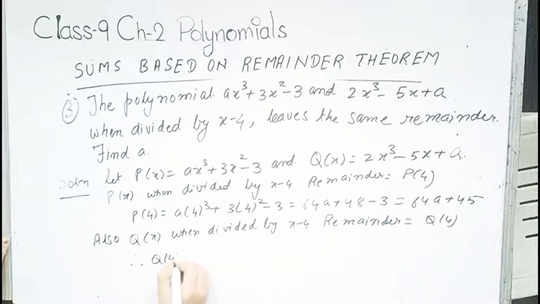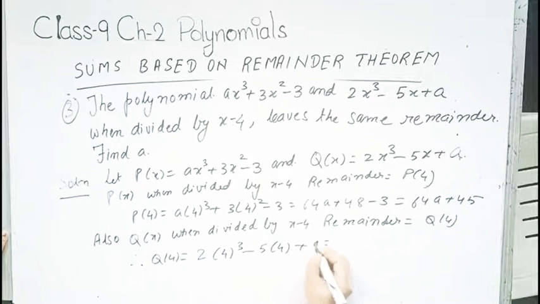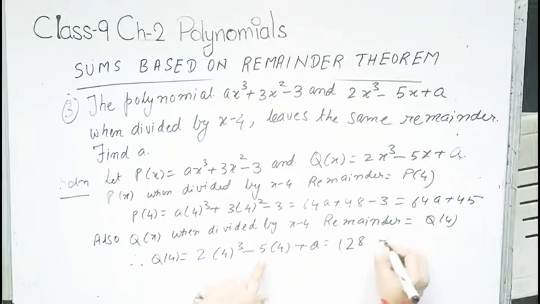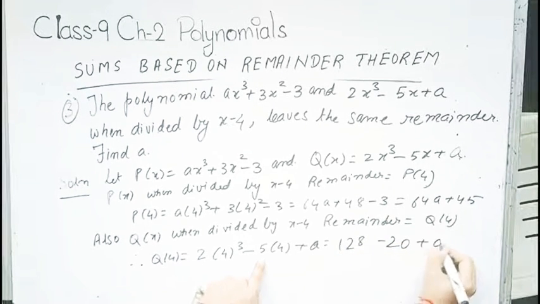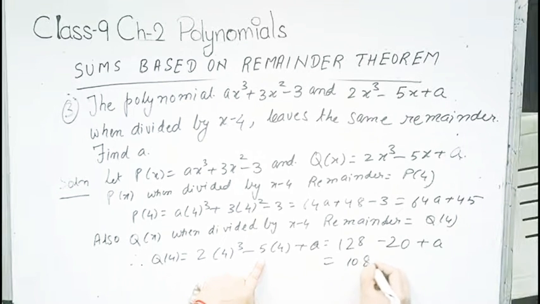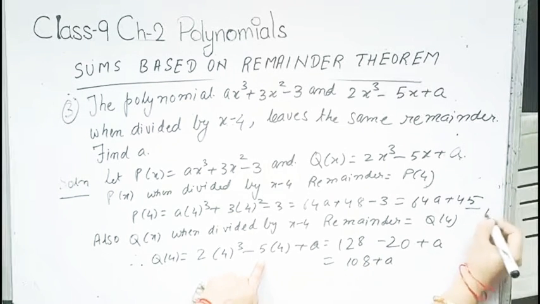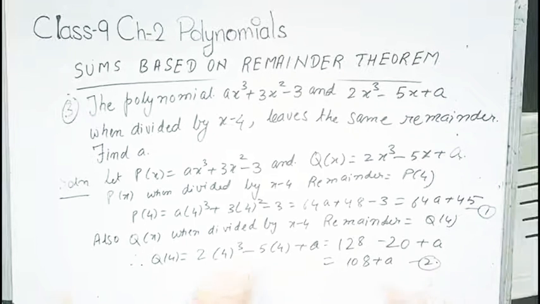Therefore Q(4) equals 2 into 4 cube minus 5 into 4 plus a. So this will be equal to 128 minus 20 plus a. So this will be equal to 108 plus a. Make it 1, make it 2.